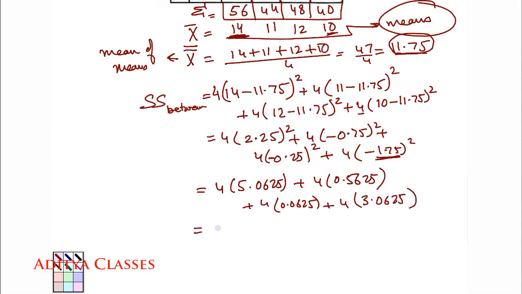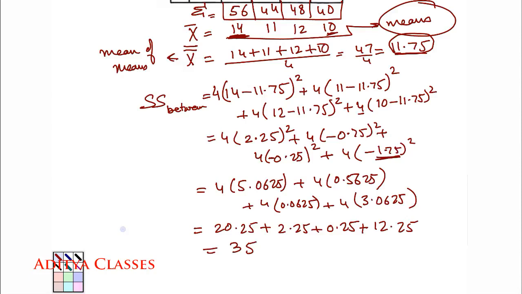And if you go ahead and multiply them further, you will get 20.25 plus 2.25 plus 0.25 plus 12.25, making it a total of 35.